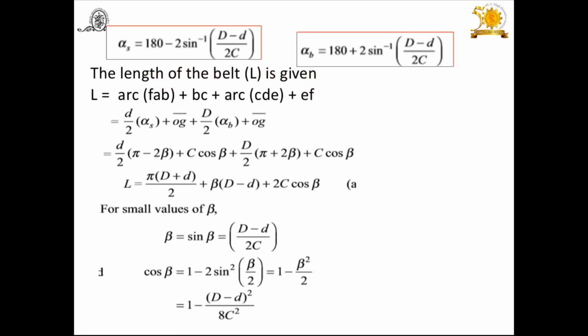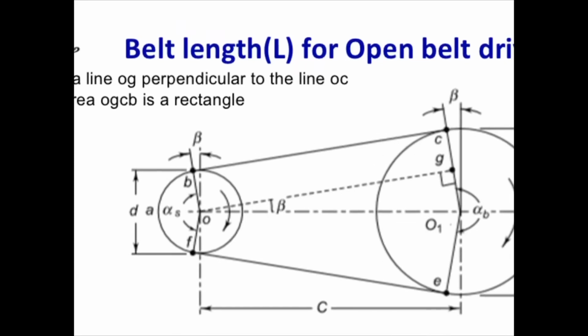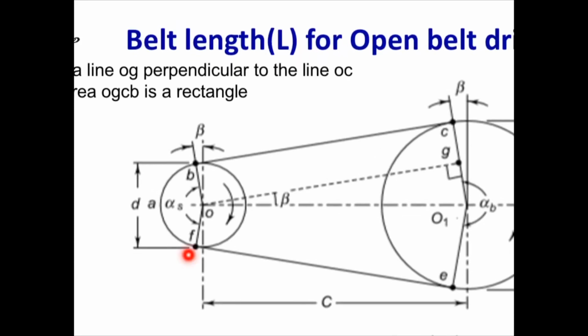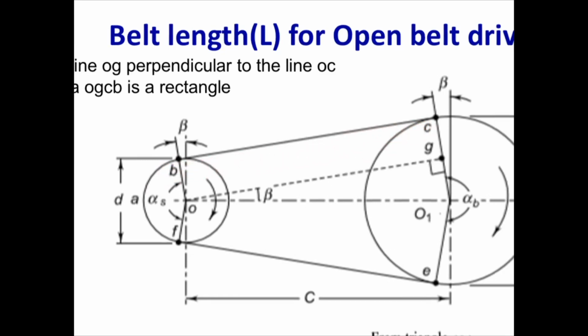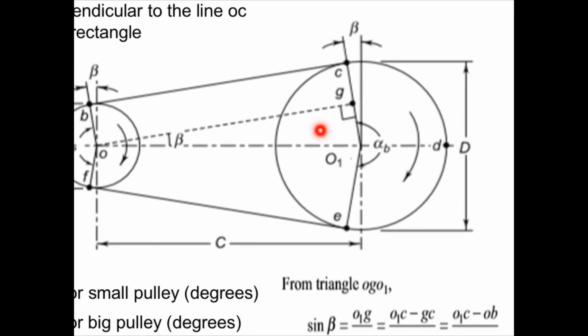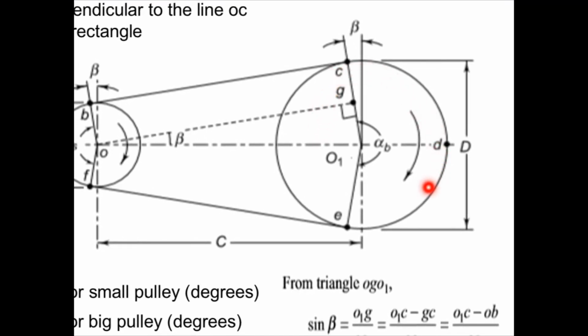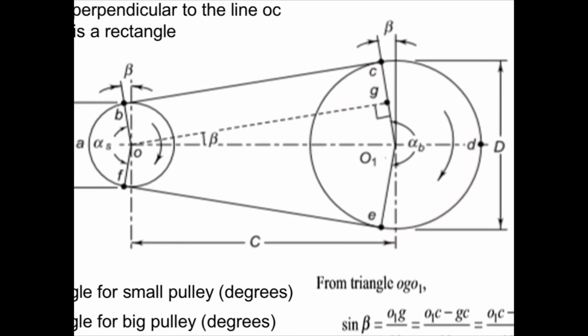Now the length of the belt, here you will find, consider how much is the length: the arc FAB plus this length B to C, then again arc CDE, and then length again E to F. So we have to add it: arc FAB plus length BC plus arc CDE plus length CE.